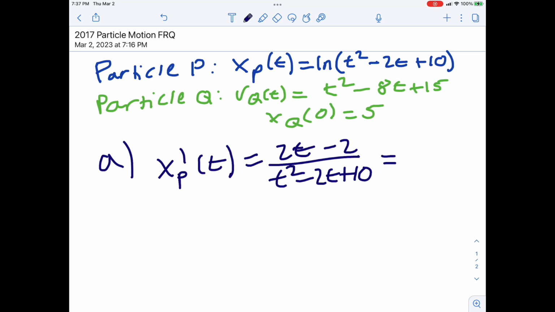I'm going to start by setting this equal to 0 to find the threshold where it changes from negative to positive. First, a quick check of the bottom to make sure this quadratic won't equal 0: the discriminant is b² − 4ac, which is 4 minus 4 times a times c. Okay, so the bottom of our fraction will never equal 0, so I only need to look at when the top equals 0. So 2t − 2 = 0, therefore t = 1.